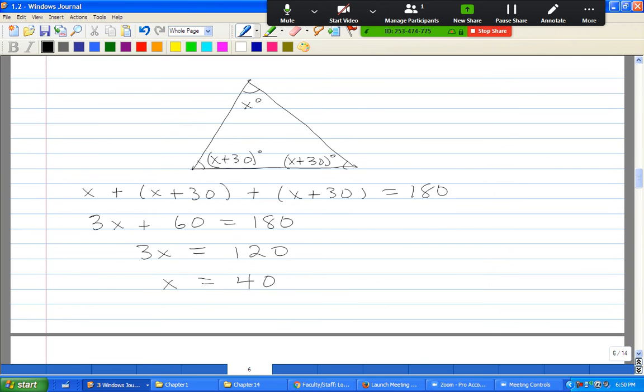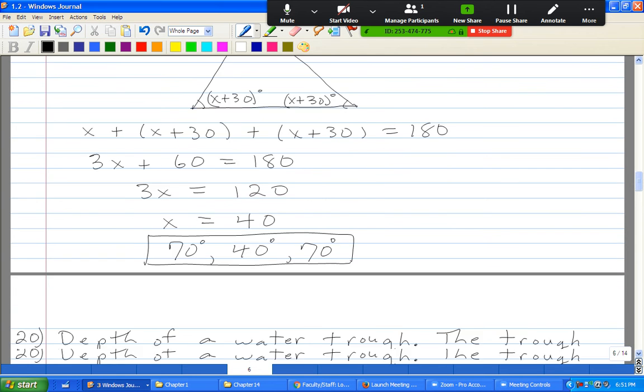If you plug in x, this is just 40 degrees, but x, well, 40 plus 30 is 70. And so the angles are going to be 70 degrees, 40 degrees, and 70 degrees. Those are the angles for my triangle.